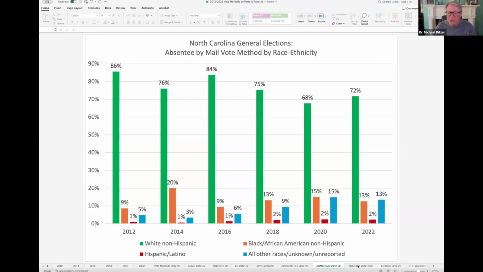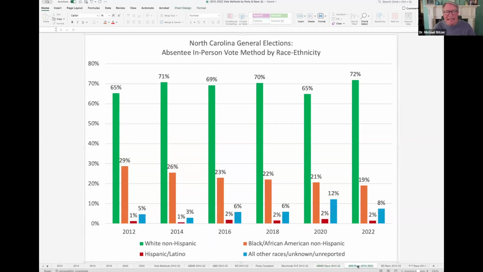For comparison, the absentee in person, the early voters, again, gives kind of the numbers. We've seen a decline in the percentage of the ballots coming from Black African American voters, but fairly consistent, bouncing around between 65 to 70%, 72% in 2022.